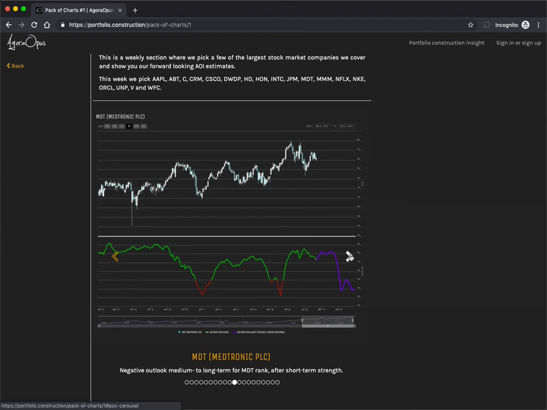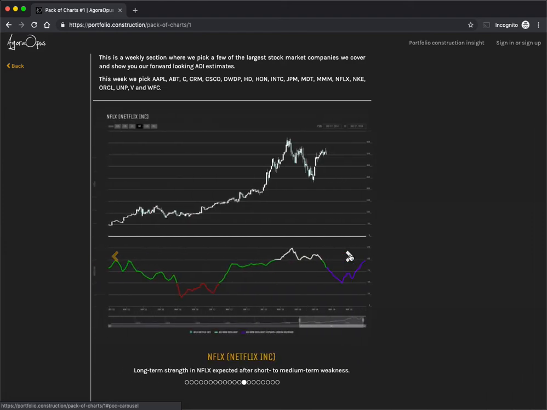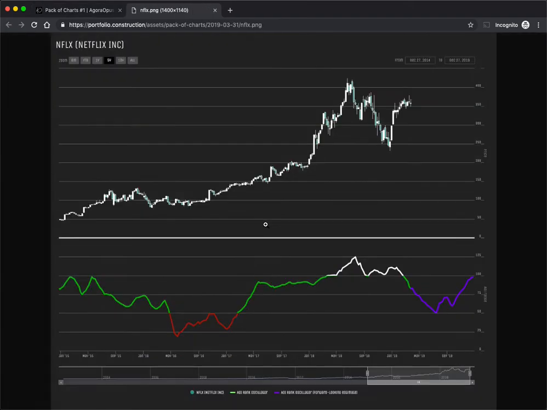Let's look at Netflix. Yeah, let's look at Netflix. Similar story to like Salesforce. Really started ranking higher January 2017, but maybe also a little bit before that, even though it went down a bit.